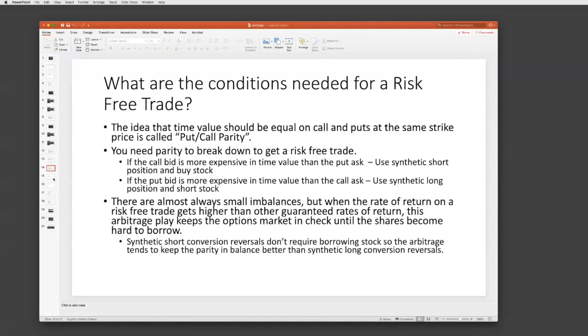So the only time you'd have to watch it at all is if the stock price is really close to the strike price at expiration, because it can close right on the strike price. If you're worried about that, you can close your position right there and get out with the guaranteed rate of return.